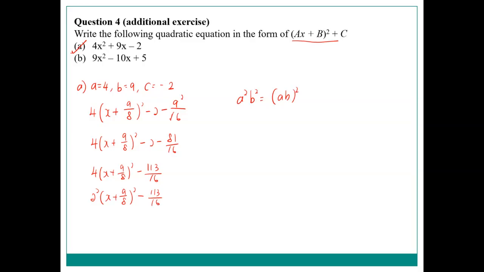So I can write this as (2 times (x plus 9 over 8)) squared minus 113 over 16. So I can apply rainbow multiplication. Finally, I'll get (2x plus 9 over 4) squared minus 113 over 16. So this is my answer for A.